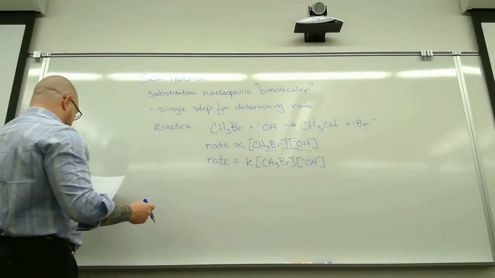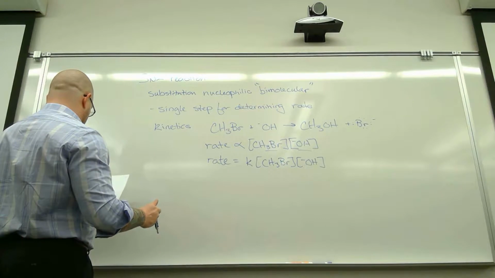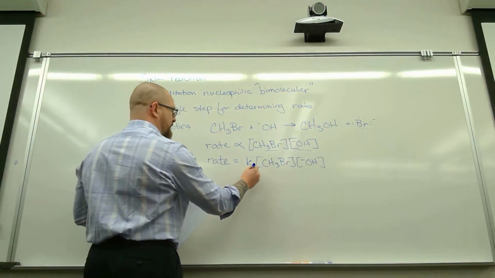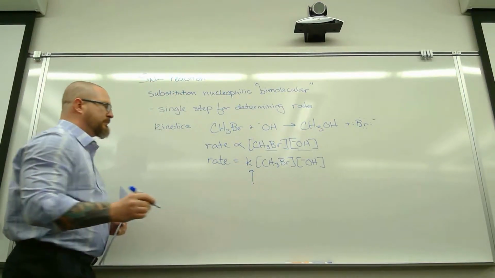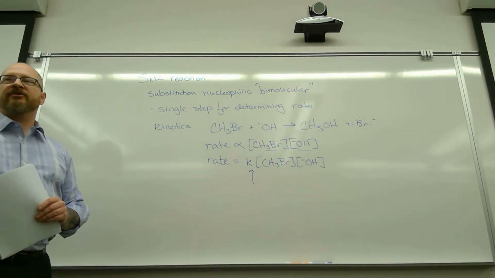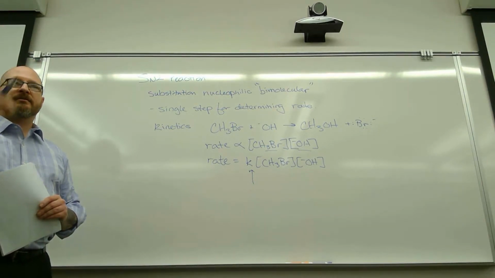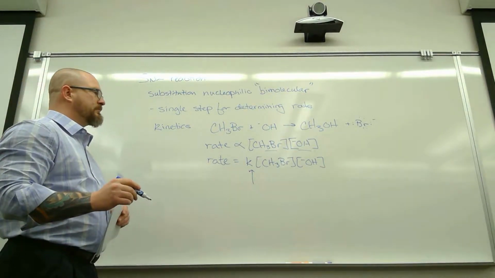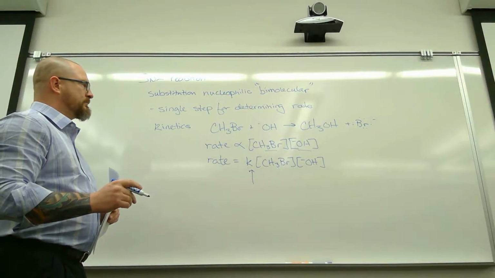So let's see here. Quick refresher on k. If you have a large k, what does that mean? If you have a small k, what does that mean in terms of rate constants? Large k means the reaction proceeds in the forward direction, small k means it proceeds in the reverse direction.